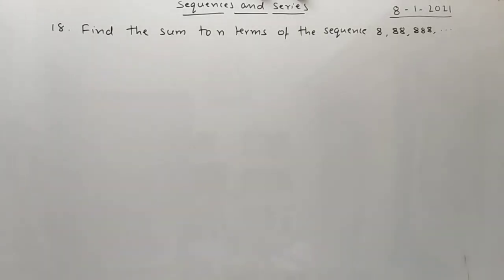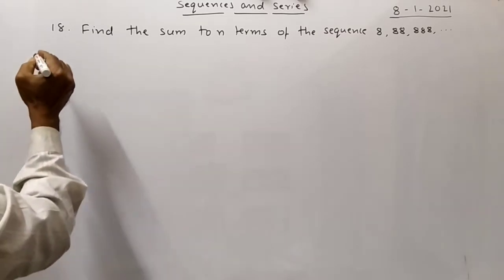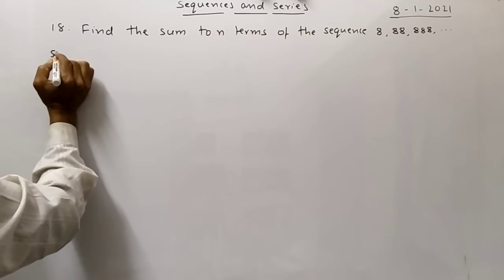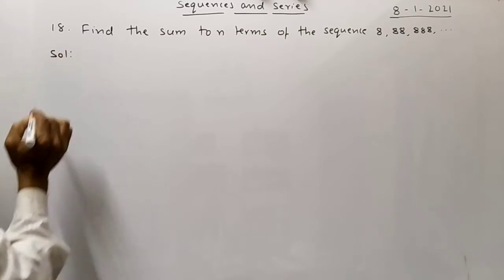18th question. Find the sum to n terms of the sequence 8, 88, 888, and so on. Solution.